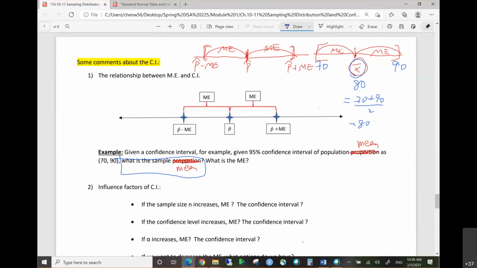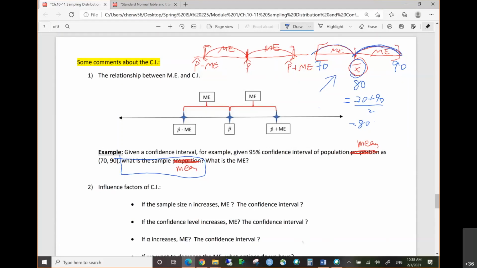So the margin of error is when... Look at this. So what will be the margin of error? Will it be this distance, right?